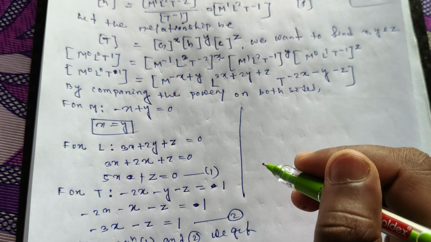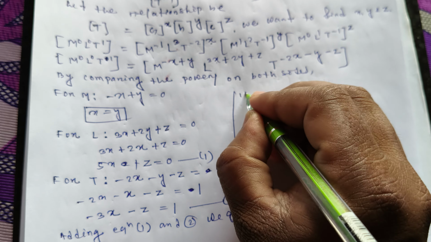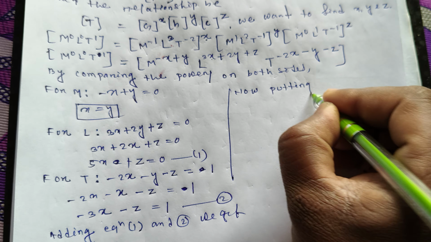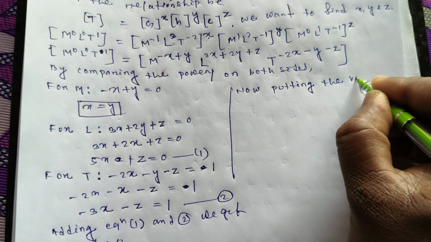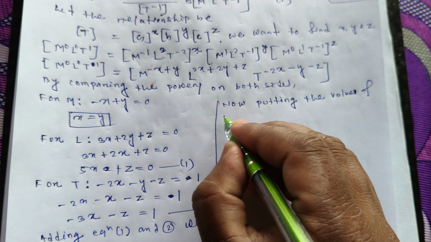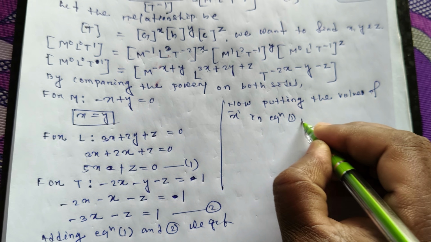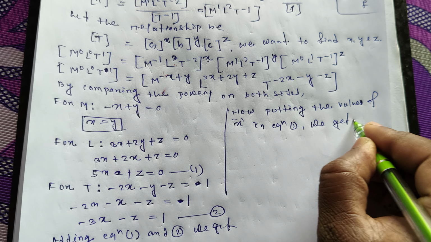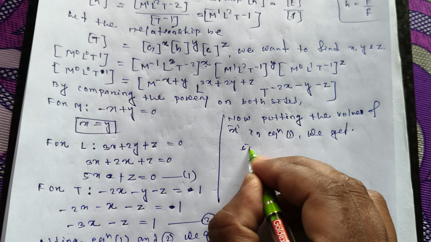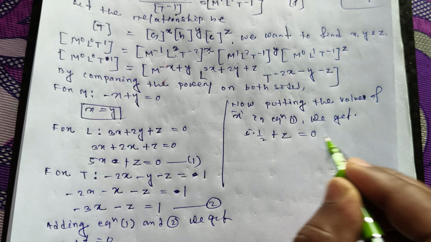Now put the value of x in equation 1. We get 5 into x, where the value of x is 1 by 2, plus z is equal to 0.